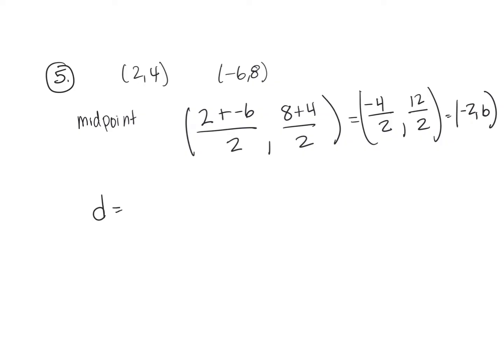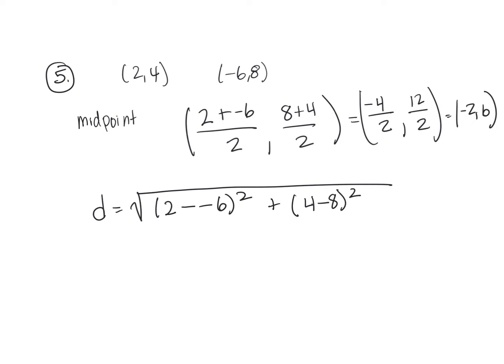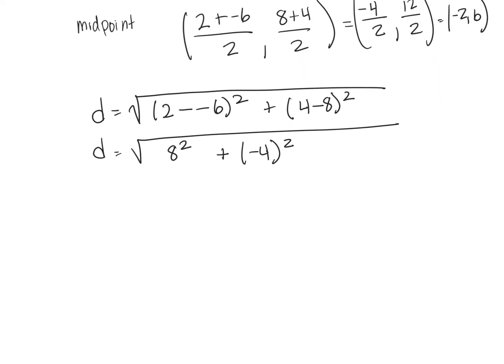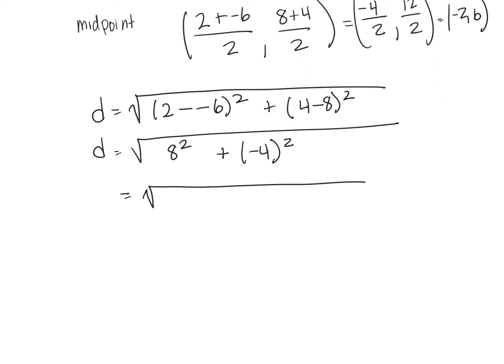The distance is equal to the square root of the changes in the x's plus the changes in the y's, which is the square root of 8 squared plus -4 squared, which is the square root of 64 plus 16, square root of 80, which I can reduce.